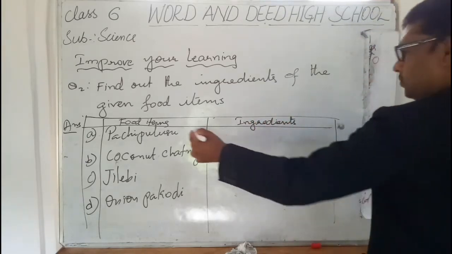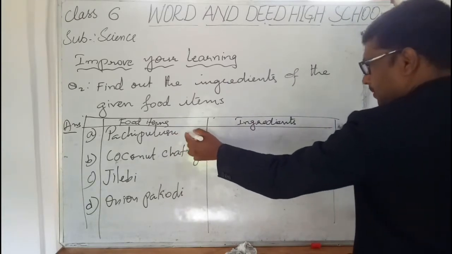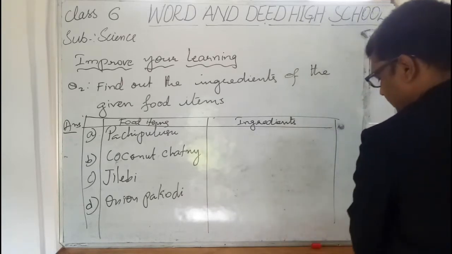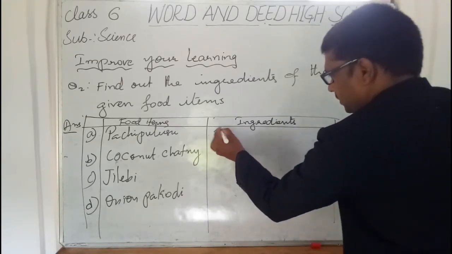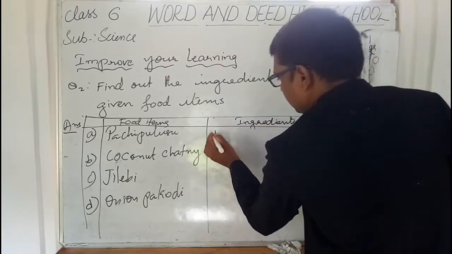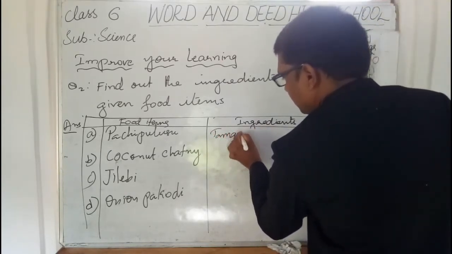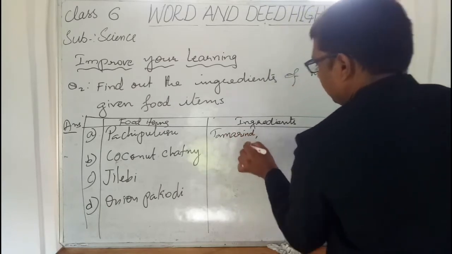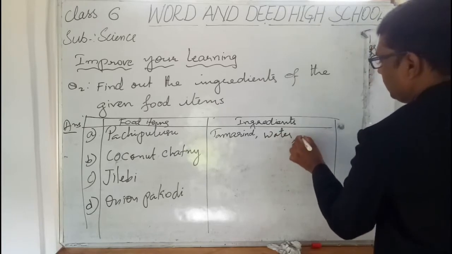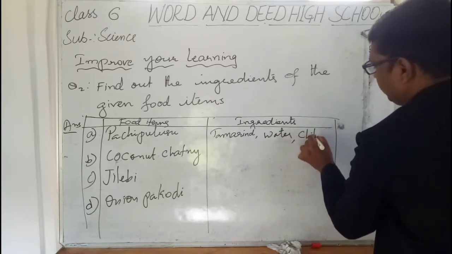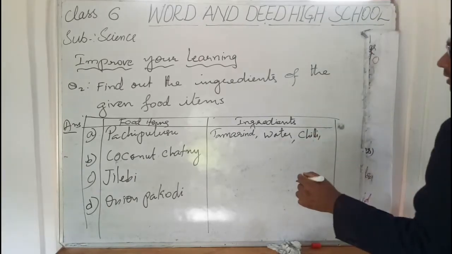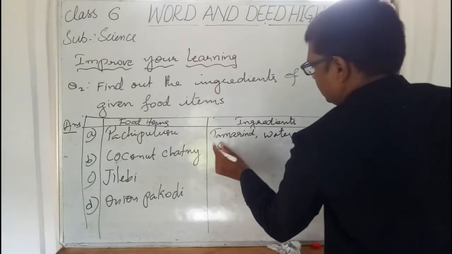Ingredients. So what are the ingredients needed to prepare pachi pulusu, tamarind soup? You can understand, yeah. Water, chilli powder, chilli, salt.